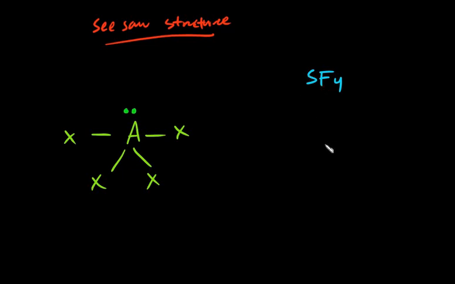Sulfur is the central atom. It will be like this, and we have 4 fluorine atoms, here F on the left side, and the base of the seesaw.